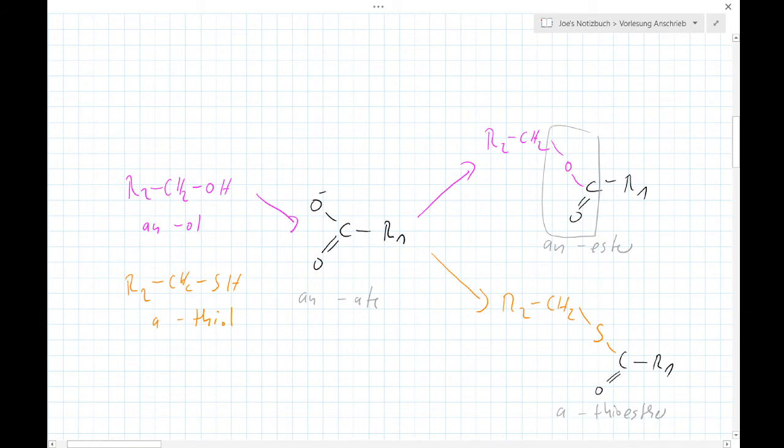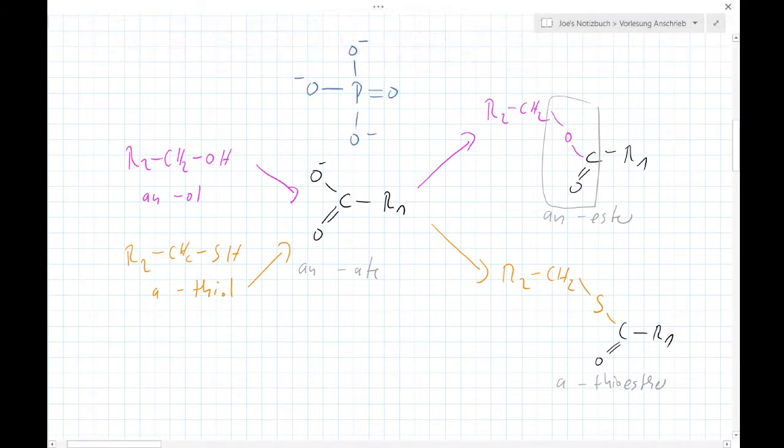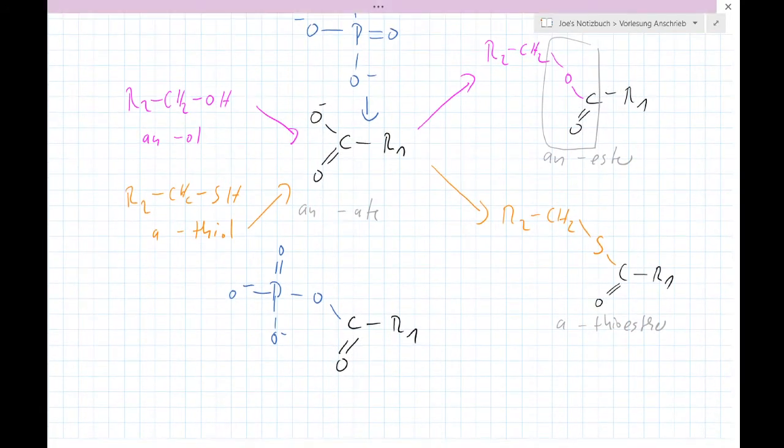And finally, if I have a phosphate reacting, and the phosphate reacts with my acid, the phosphate is an acid and the other is an acid, and of course I get then this molecule here, and this is of course then an anhydride.